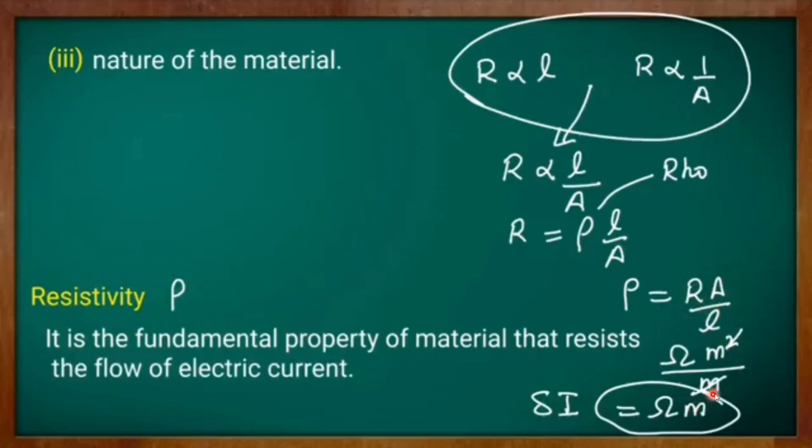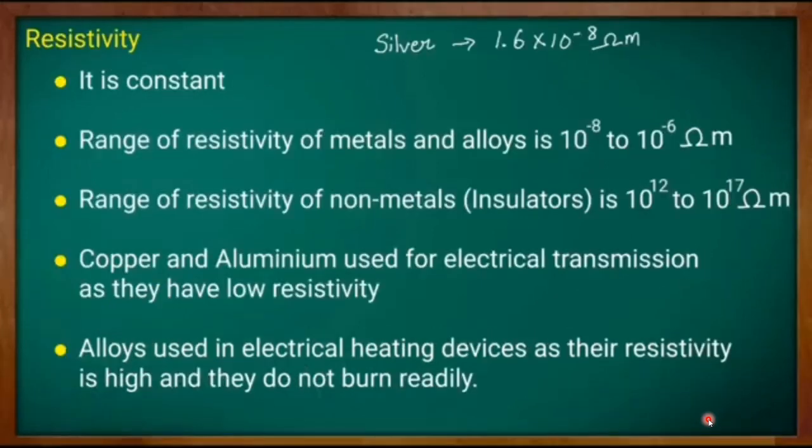That is meter. So meter in the denominator, and the numerator will be cancelled. So I'm going to get the SI unit of resistivity, that is rho, as ohm meter. What will be the SI unit of resistivity? Ohm meter.